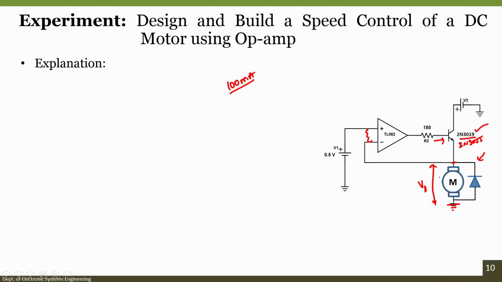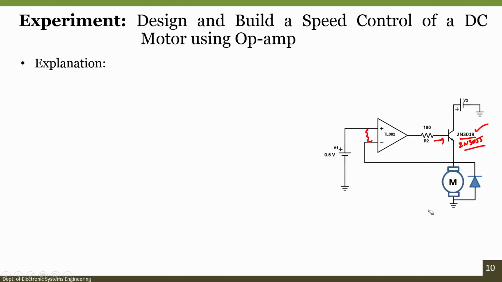But if your motor is a little higher rated, requiring more current, we can go with 2N3055, which can support up to 10 amps of current, or TIP35C, which can work up to 1.5 to 2 amps of current. So, please look into the datasheet for further information about the different electrical properties of the transistor.